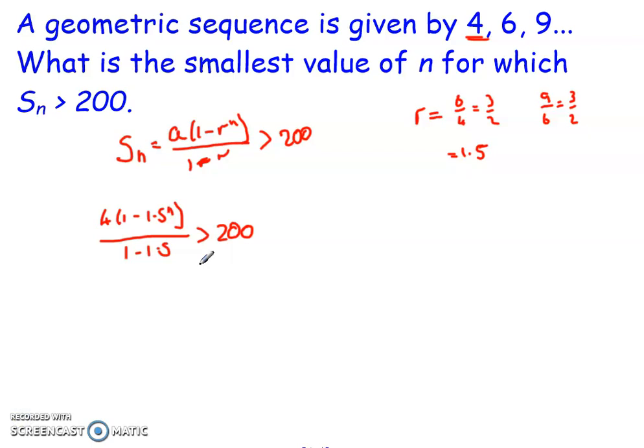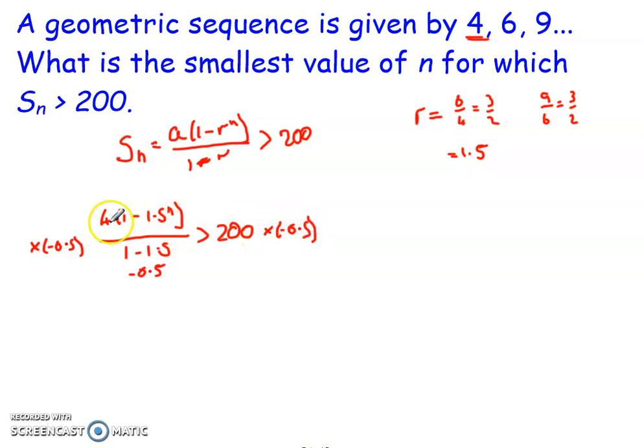So what I now need to do is work this through and find my value of n. If I look at the bottom here, I get 1 take away 1.5, which gives me negative 0.5. So I've got a value here on the bottom, and I want it across here. To do that, what I'm going to do to begin with is multiply both sides by negative 0.5.